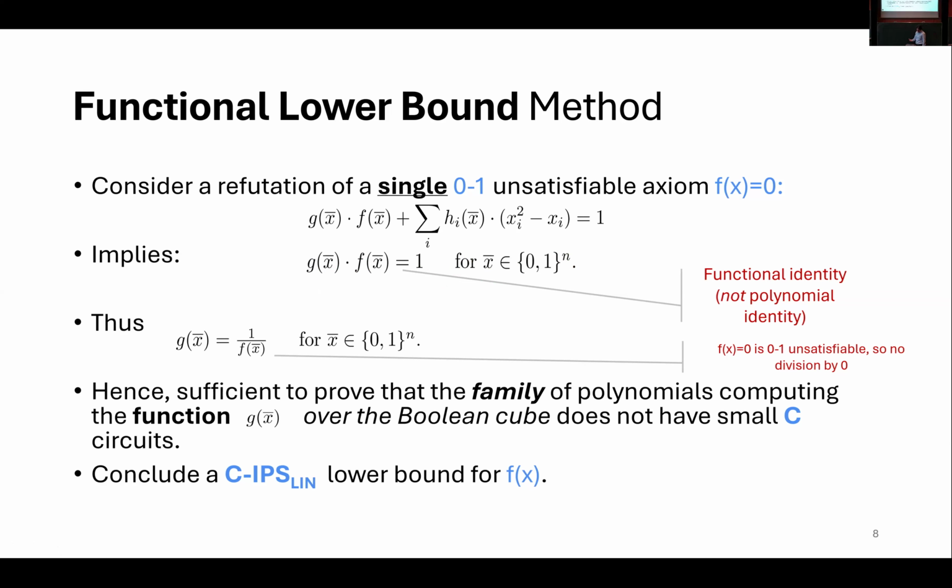So we reduce the problem of proving a lower bound on the size of refutation, or even degree, for a single 0,1 unsatisfiable axiom F equals 0, to the goal of lower bounding polynomials that compute G, which is this function over the Boolean cube alone. Yeah, any questions?